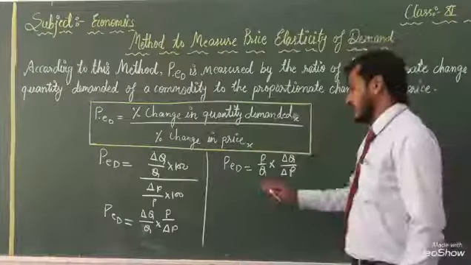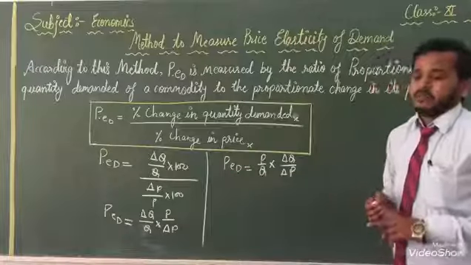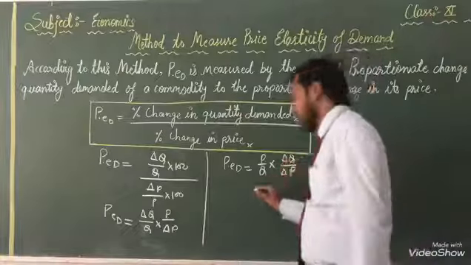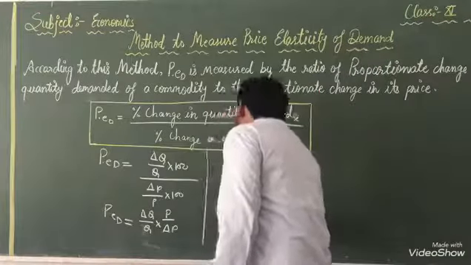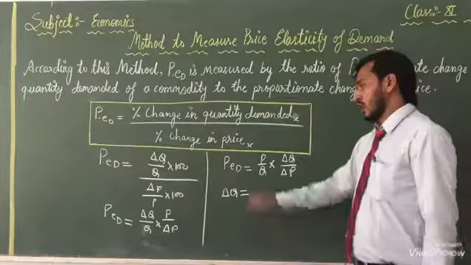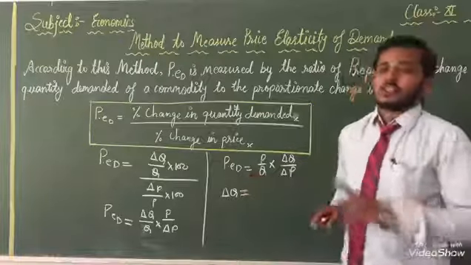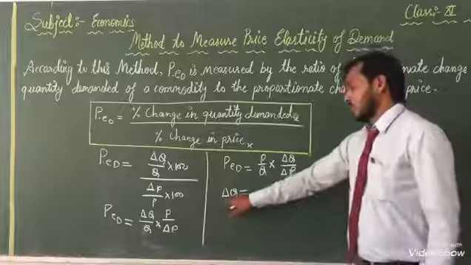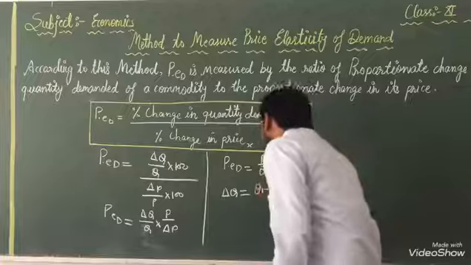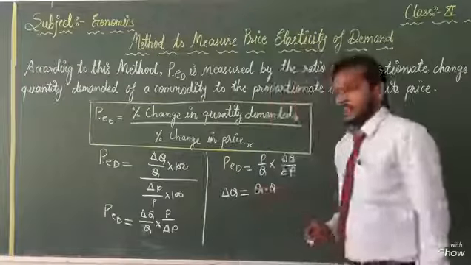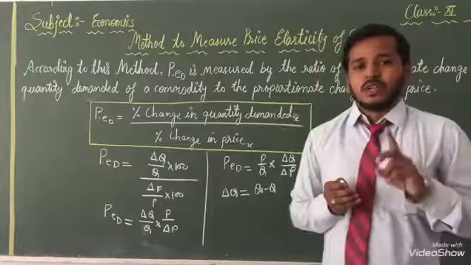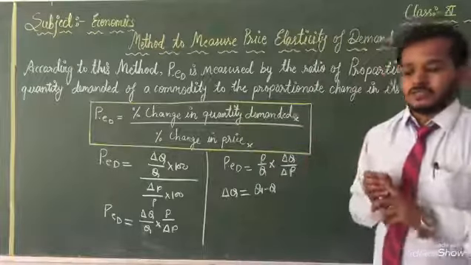This is also price elasticity of demand. When a question comes in front of you, you have to write this formula and solve it. But how will we calculate this? Del Q equals Q1 minus Q. Q1 is given in the question and Q is also there.